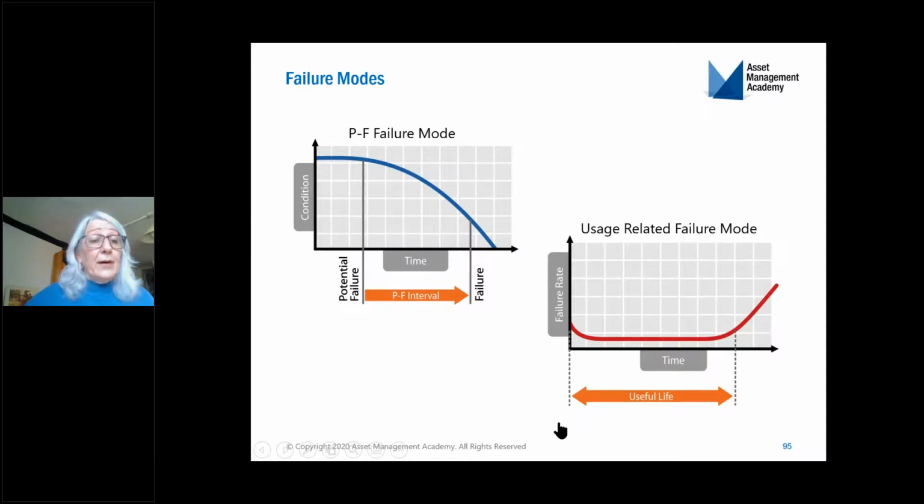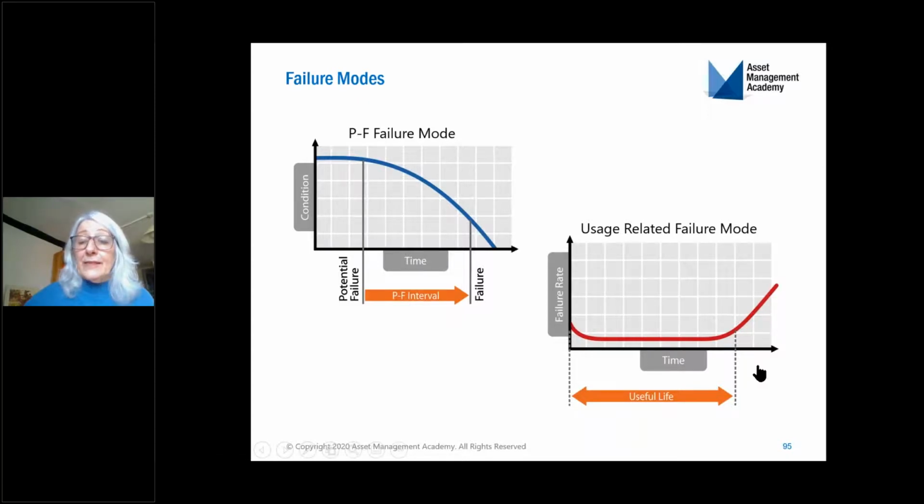Now, I'm looking at bathtub curves in particular because they're particularly useful. You notice that in a bathtub curve, you've got 3 different steps. The beginning, when the asset's not really settled down, or we don't know how to operate it, or it hasn't quite been finished. It then settles down until there comes a point where it starts turning to be more likely to fail.